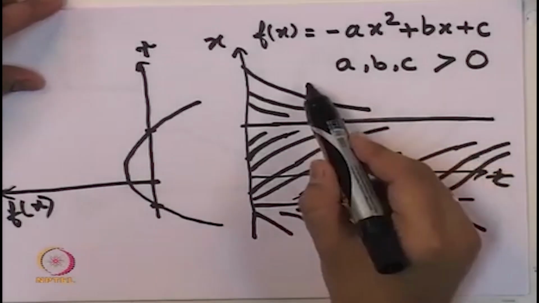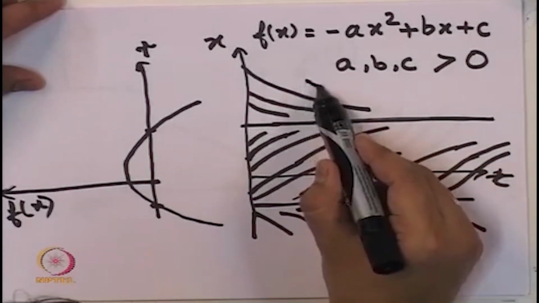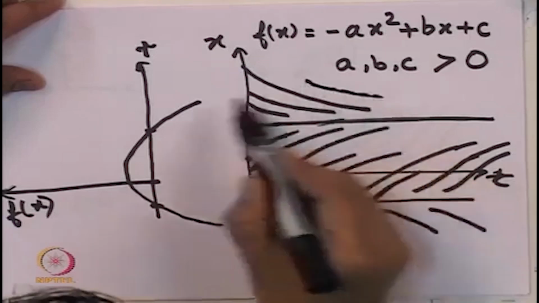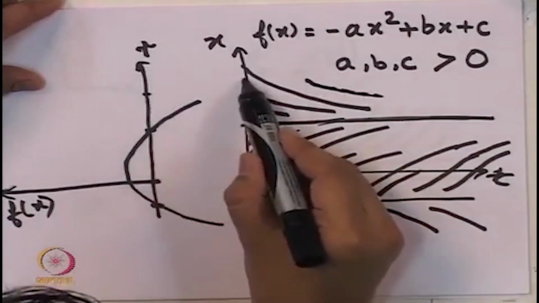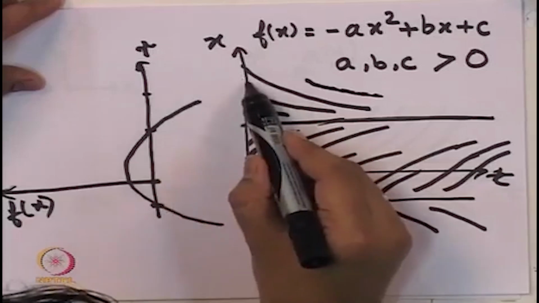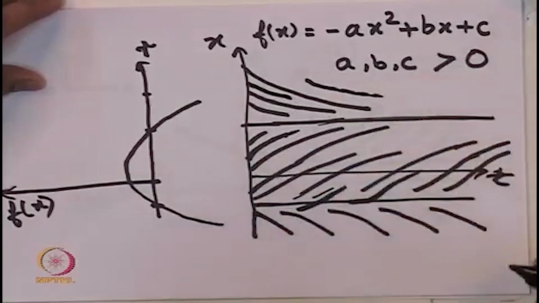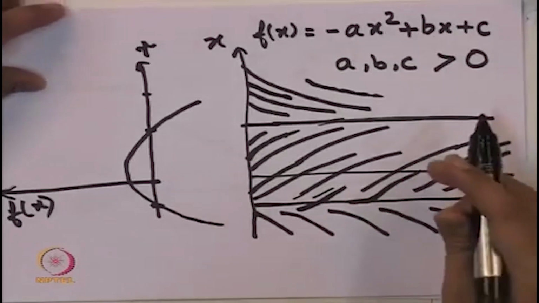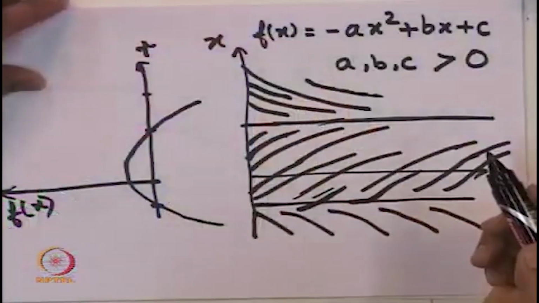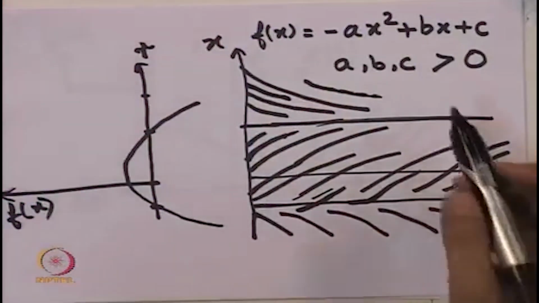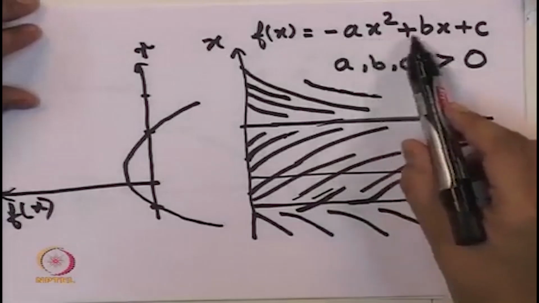Another question we will ask is, is it true that we have a trajectory that starts at every point x at, let's say, t equal to 0? Is it true that we have a trajectory starting from that point going either in increasing direction, decreasing direction, or remaining constant? This is an existence question. Does there exist a solution from every point x? These questions we will answer in a little more detail. But we will stick to this example. Why?